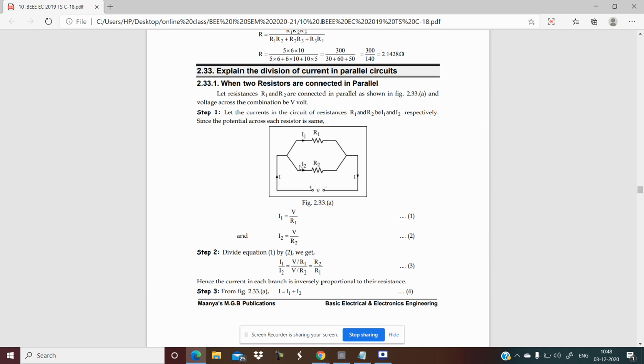Likewise, you have to calculate the I2 formula, following a similar process. For I2, we get I2 is equal to I into R1 divided by R1 plus R2.